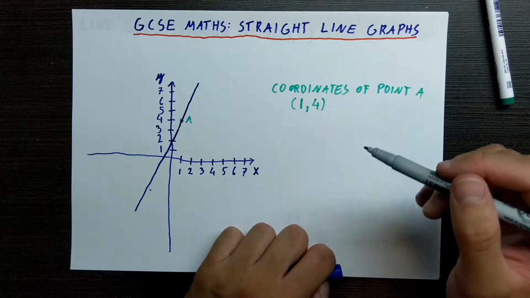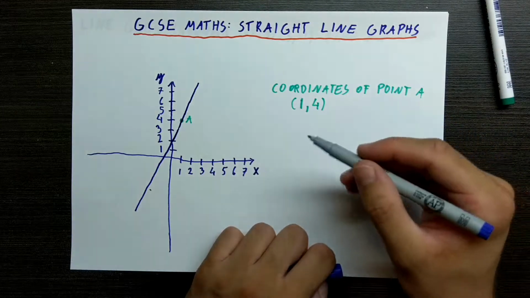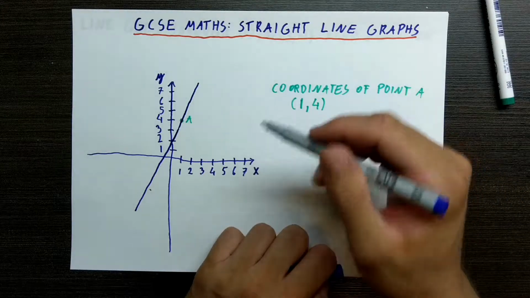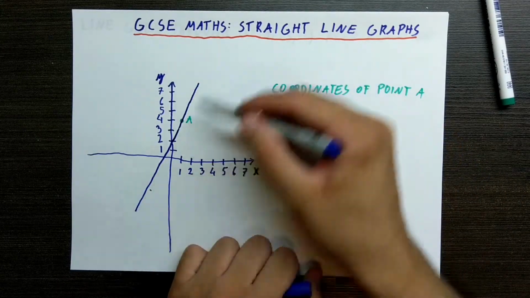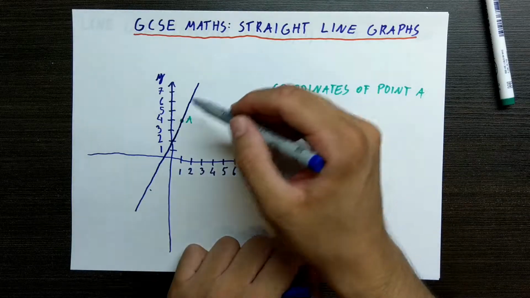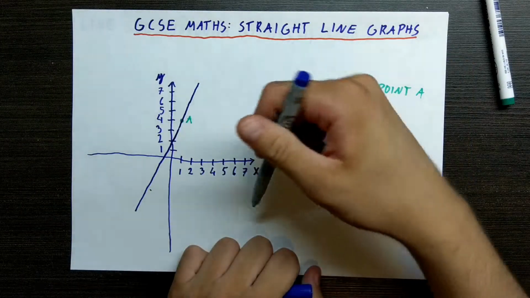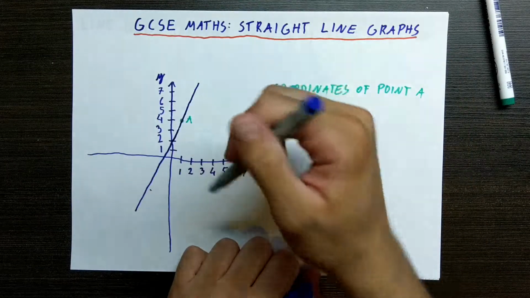Now we know how to express single points, but how do you express an entire line? How do we describe this line compared to some other line that may run like this, or like this?